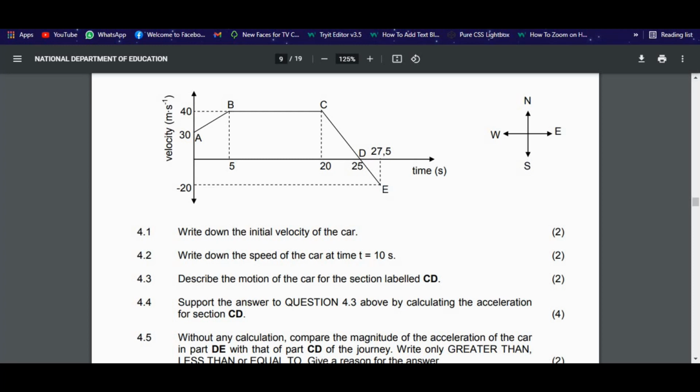Remember, girls, that the gradient is only the difference between 2 points on a graph. If we take the points between D and E, because we've taken the points for C and D, remember we're not using a calculation here. From position C to E is almost like a graph on its own.